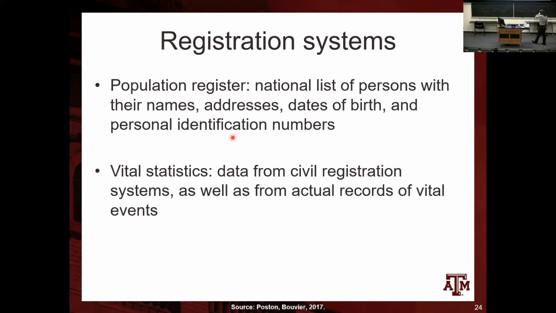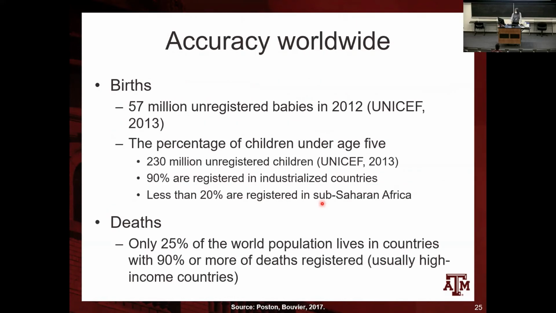And these are systems that different countries have that collect on a continuous basis information about people dying, people being born, people getting married, people getting divorced, and so on. So vital statistics are data from civil registration systems, as well as from actual records of vital events. And again, it's collected on a regular basis.